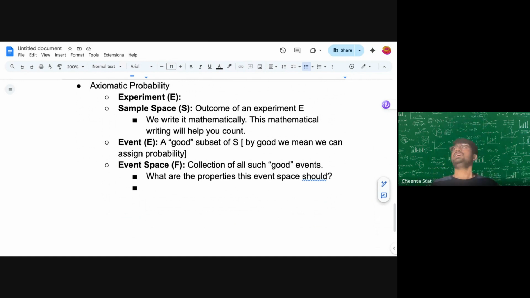Like if I want to find the probability of an event E1, and I want to find the probability of an event E2, I can ask what is the probability of event E1 or event E2, or what is the probability of event E1 and event E2 together, right? And also, from high school math, you can form any event using unions and intersections. Any event. That's why the event space has this.